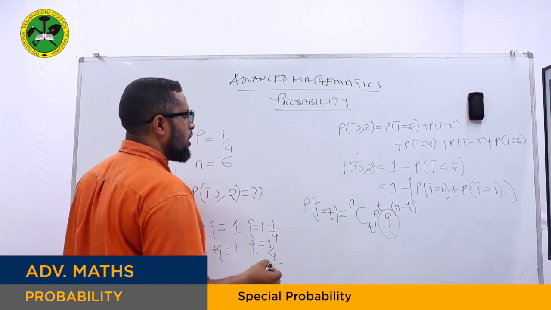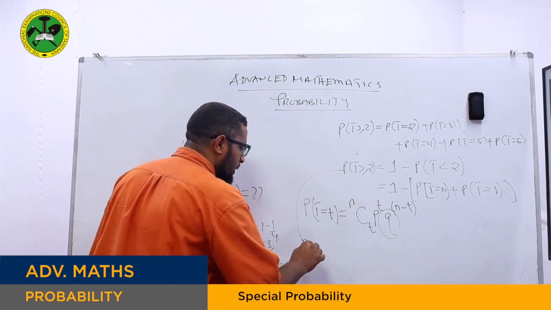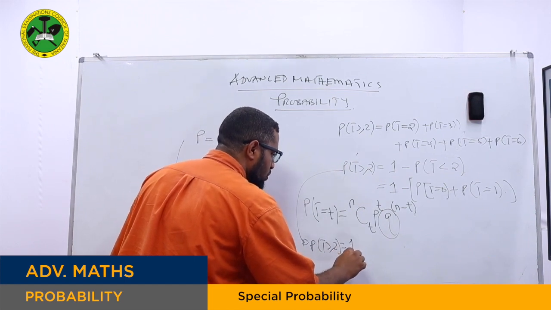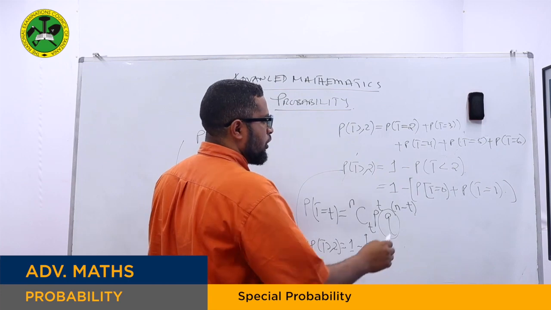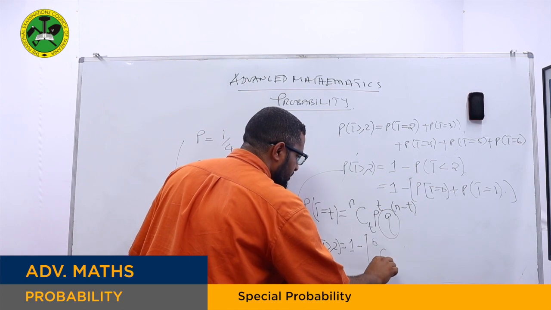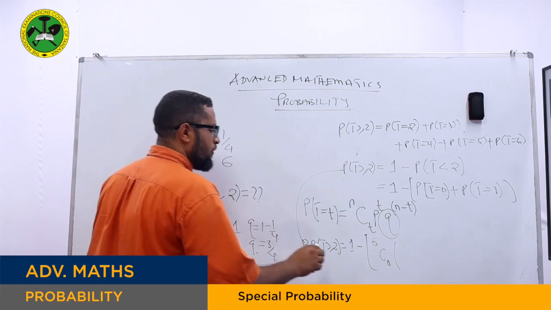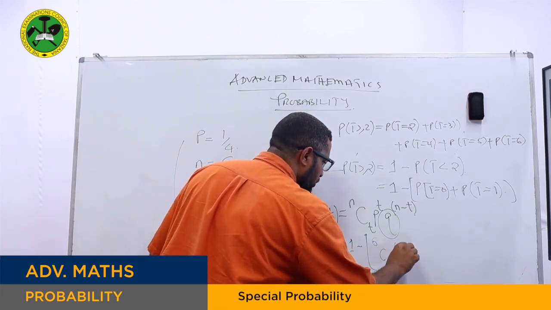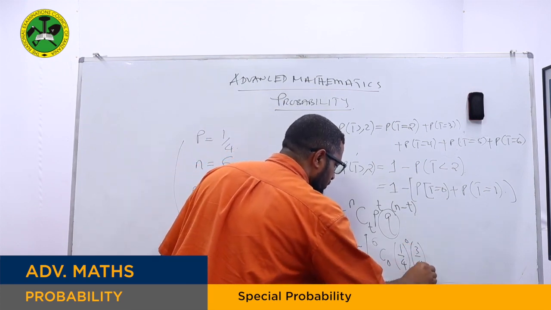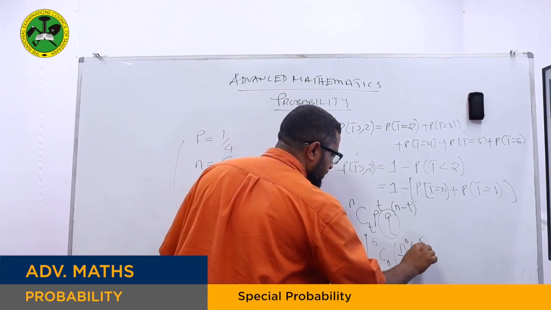As I said, we are going to use the second option. So probability when tail is greater than or equal to 2 will be equal to 1 minus. Now, probability when t equal to 0, it means our n is 6, combination 0, p, our p is 1 over 4, so it is 1 over 4 to the power of 0, then 3 over 4 to the power of n minus t, 6 minus 0, which is 6.